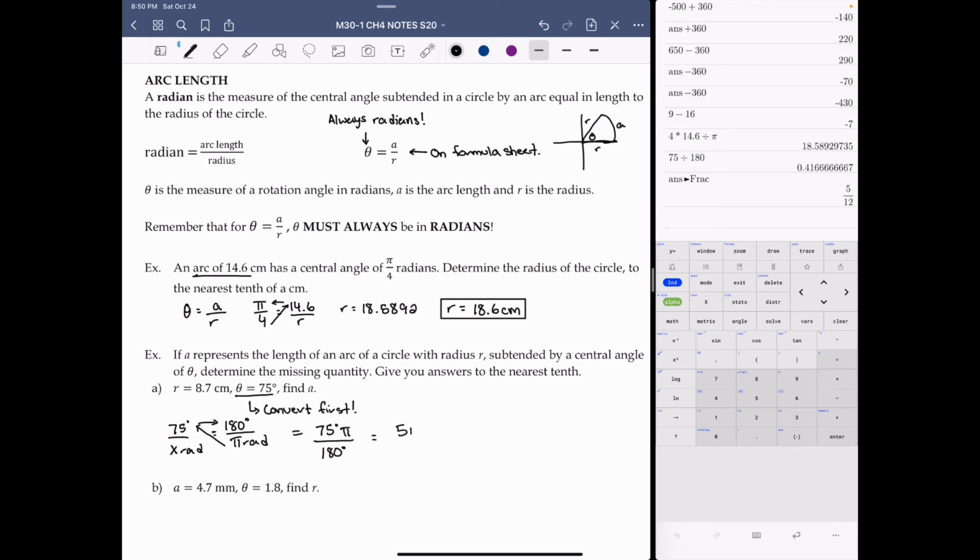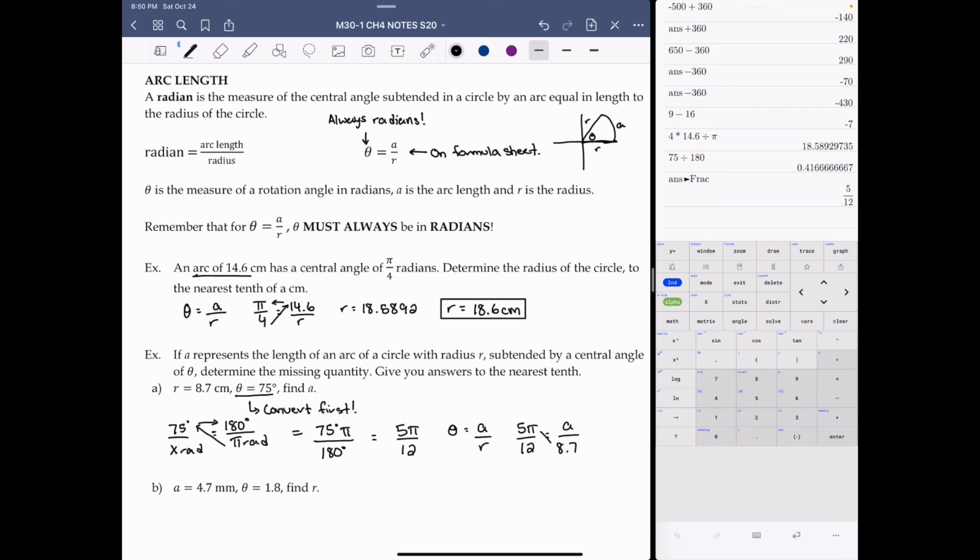So 5 pi over 12 radians. Now I can use my formula. I have theta equals A over r. Theta is 5 pi over 12 equals A over a radius of 8.7.